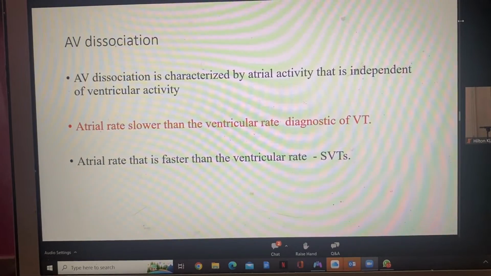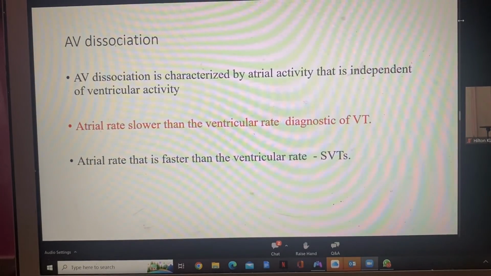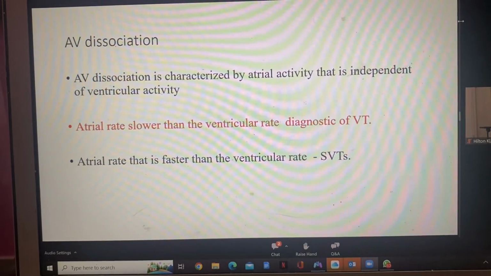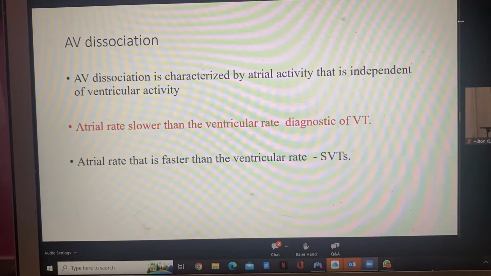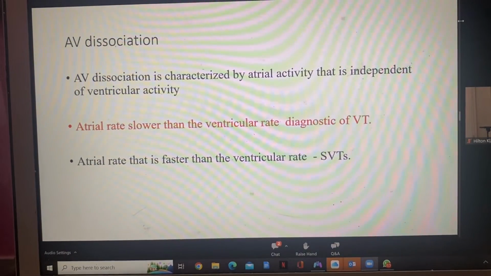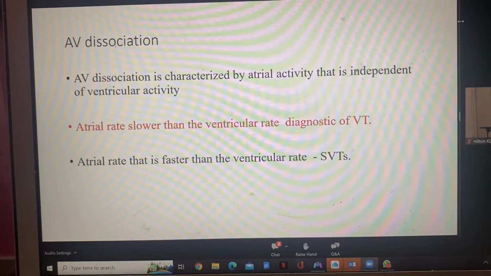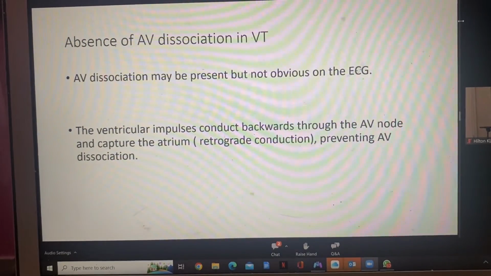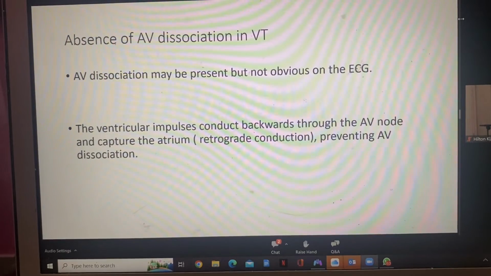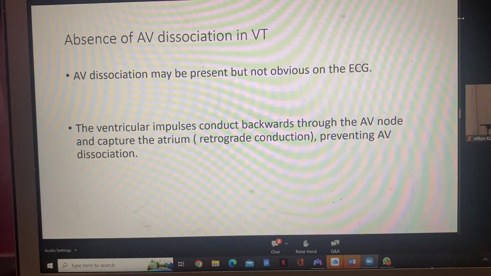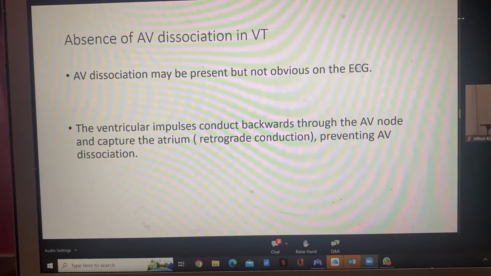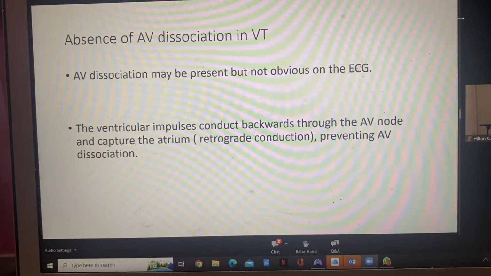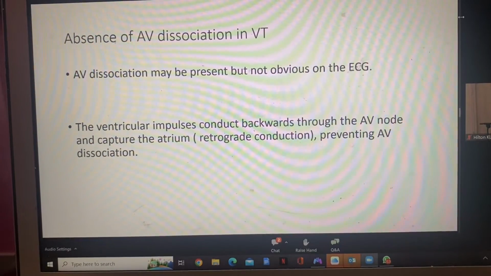AV dissociation. AV dissociation is characterized by atrial activity that is independent of ventricular activity. Atrial rate slower than the ventricular rate is diagnostic of VT. Absence of AV dissociation in VT: AV dissociation may be present but not obvious on the ECG. The ventricular impulses conduct backwards through the AV node and capture the atrium, preventing AV dissociation.